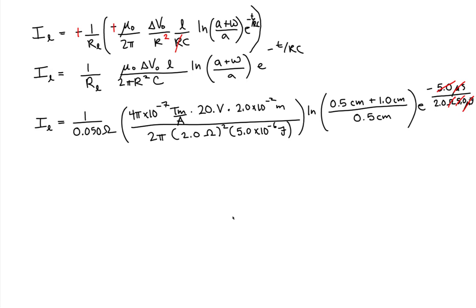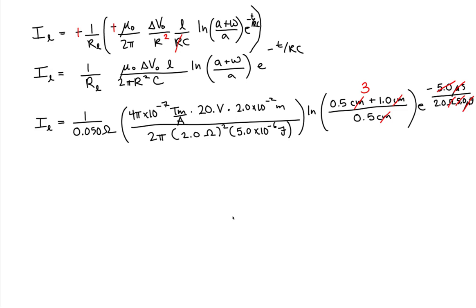Now, if I'm working from right to left, since I started with the exponential, let's look at the argument of the natural log. So we have a centimeter in the numerator canceling with a centimeter in the denominator, and we have a 1.5 divided by 0.5. The result here is 3 as the argument of the natural log.